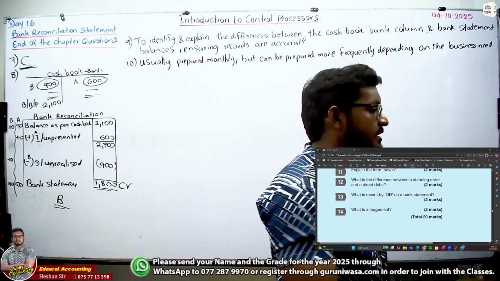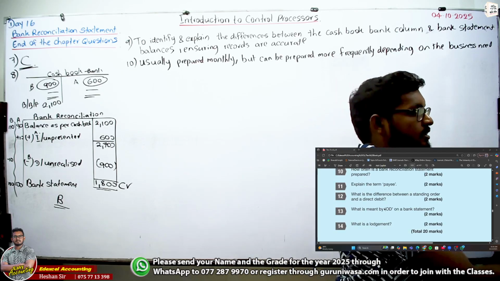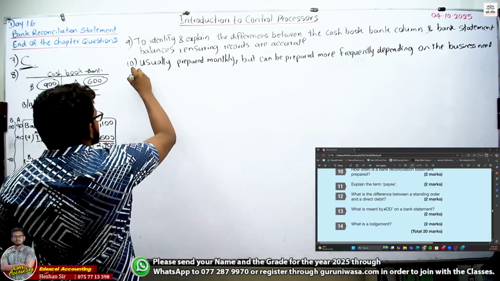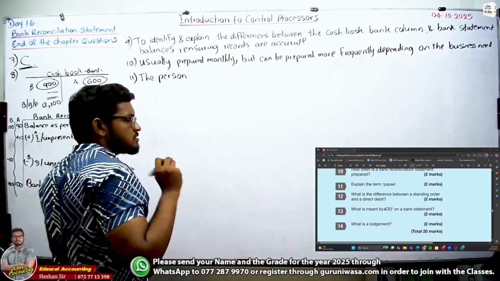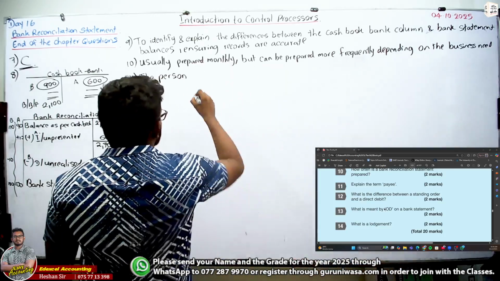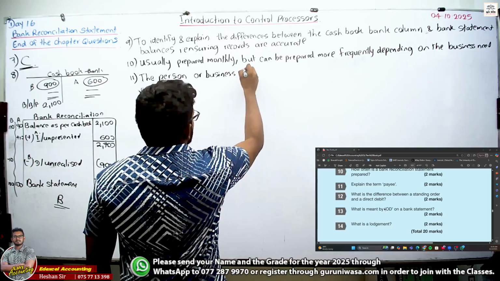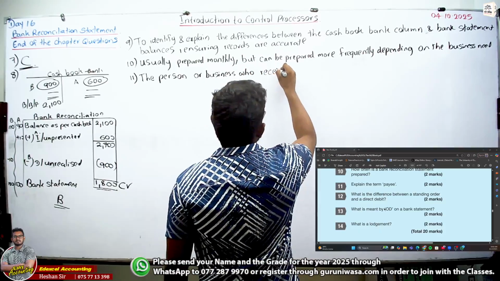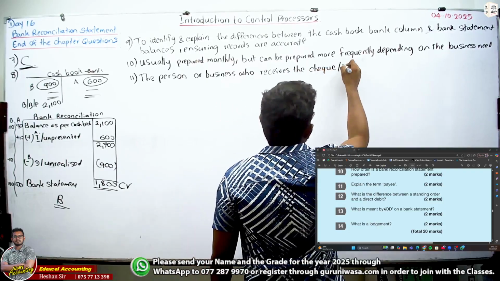Number 11, explain the term payee. The payee is the one who receives the check, right? The person or business who receives the check or payment.